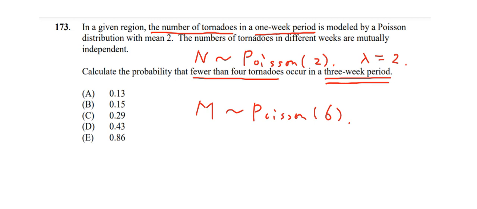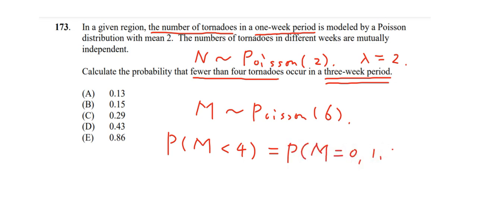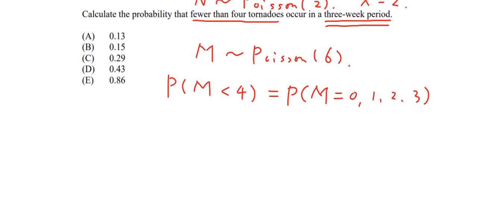So we just want to find this: what is the probability that in a 3-week period this is less than 4? So m can be 0, 1, 2, 3, right? So here this parameter lambda equals 6.